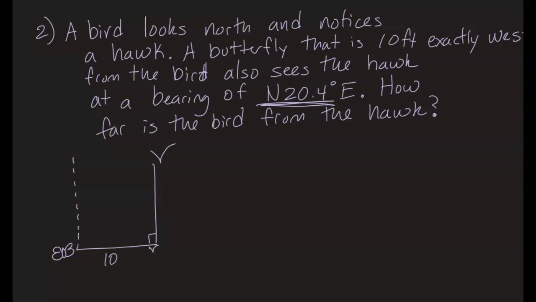From a line that is exactly north of the butterfly, if I go 20.4 degrees towards the east direction, which is this way, that will be my angle. So from the north line, 20.4 degrees is my angle.